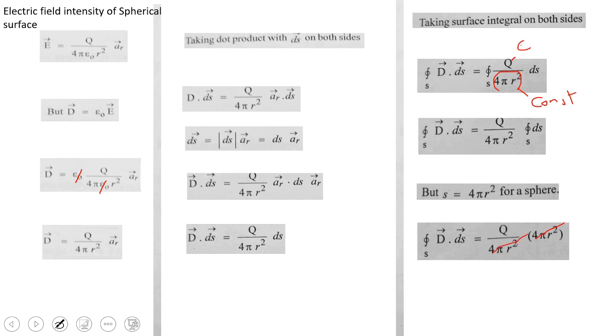After that, only D remains. So, thus we have proved the Gauss law: surface integral of D vector dot ds is equal to Q. This is a very important derivation, the proof of Gauss law. Mostly it is asked: what is Gauss law? Give its proof. So for the proof, you have to write this small derivation.